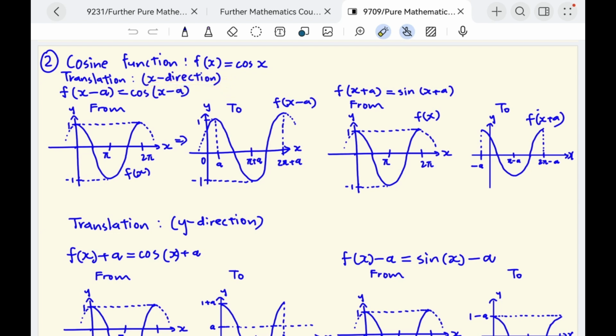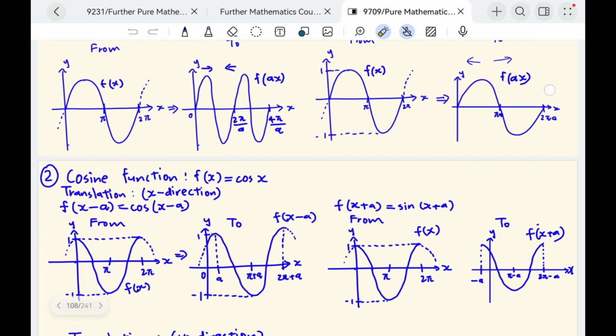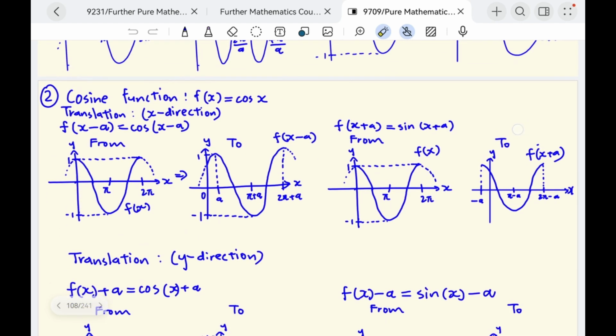If you replace x by x minus a, you move the cosine graph to the right by a. Otherwise, the cosine graph moves a units to the left. I'm not going to explain this too much, because the transformations of the functions are all valid.